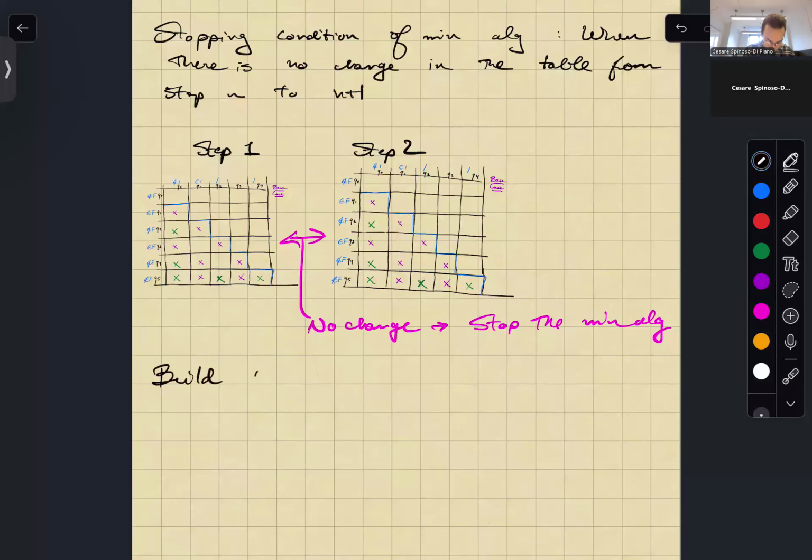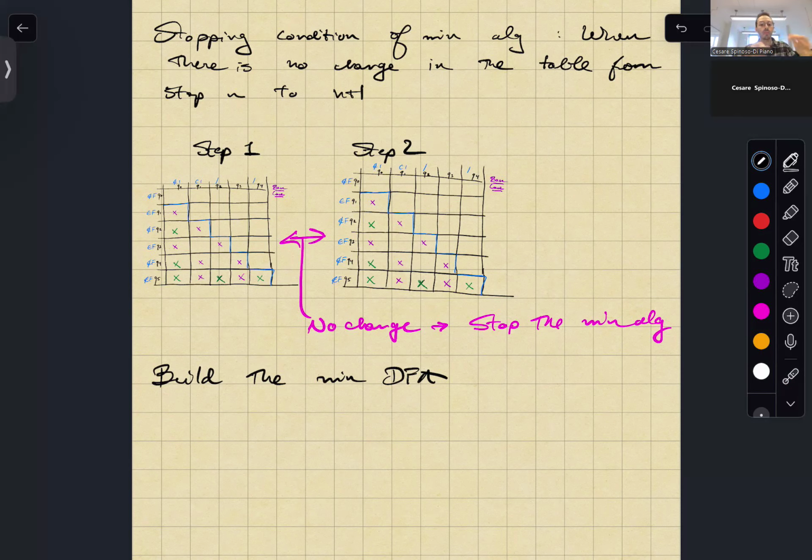So now we can build the minimal DFA. The way that we build the minimal DFA is we take all of the pairwise indistinguishable states.